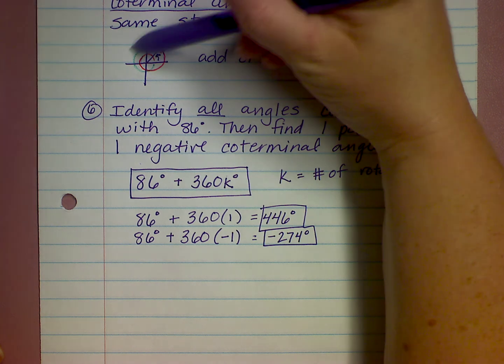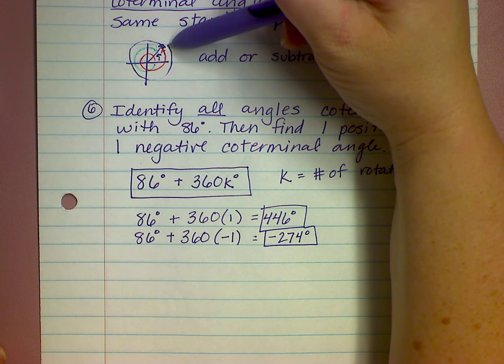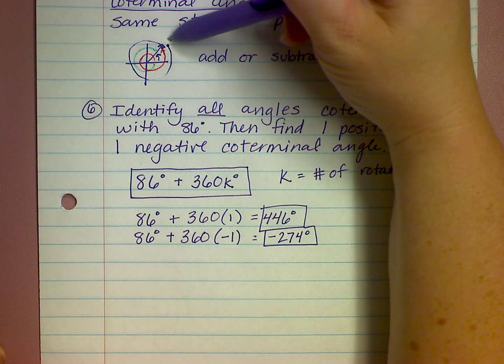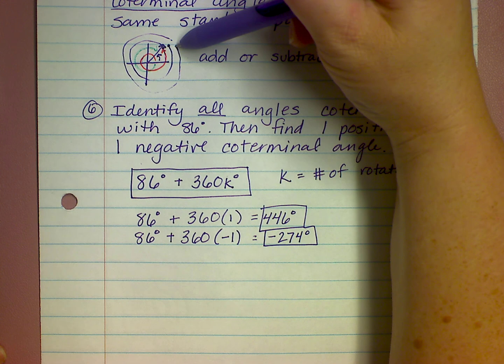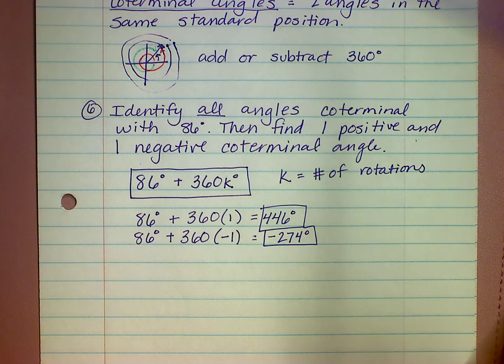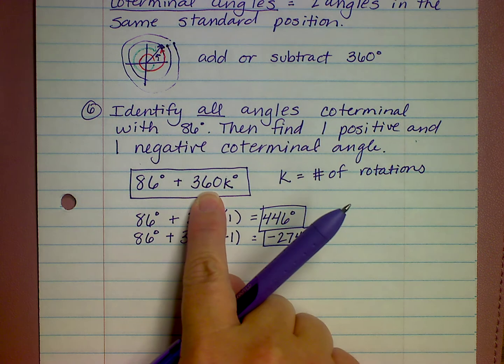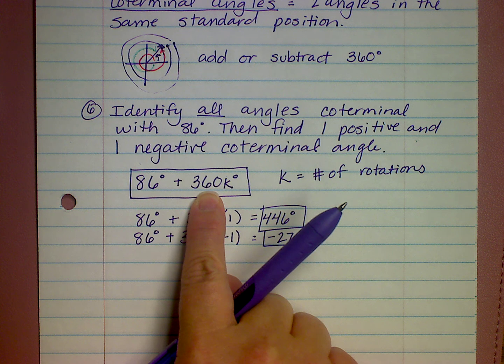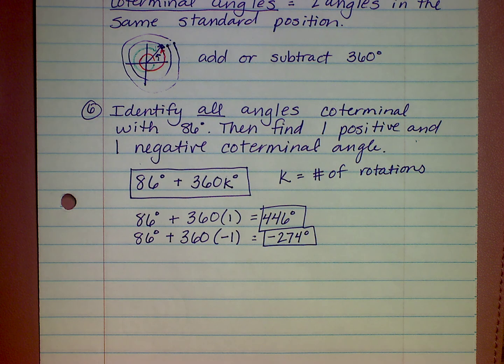I could add another rotation, making a K value of 2. And then I could even add another one, making a K value of 3. It's just how many times you're circling around. But as long as it's a multiple of 360, you're getting something that's coterminal.